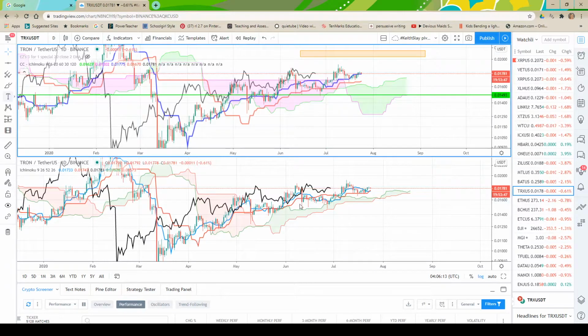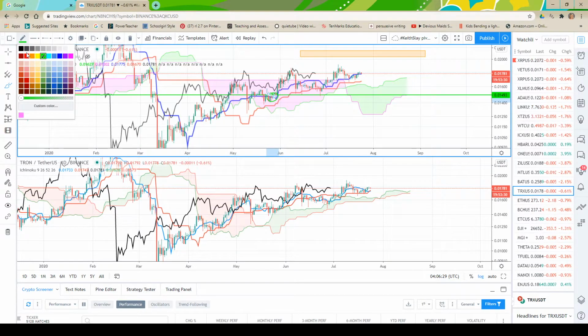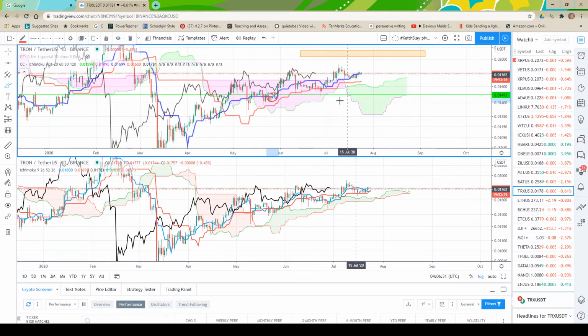At the same time, which was May 28th, here. Put that in red. That red circle is where it told us to buy down here.